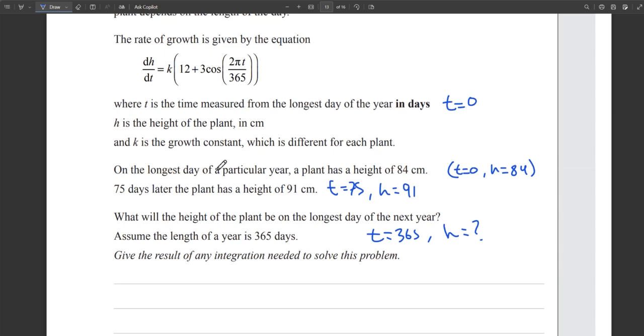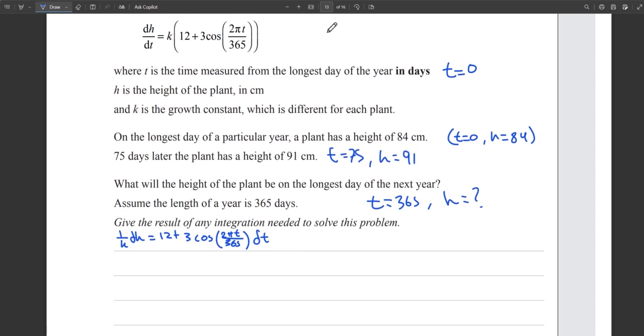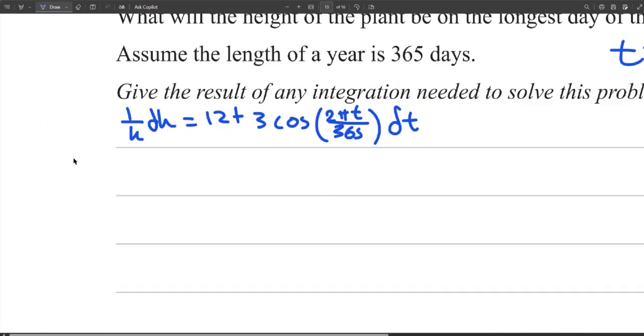If we divide both sides by k, then we'll get 1 on k with respect to height is equal to 12 plus 3 cosine of 2 pi t on 365 dt. Cool. Now let's go ahead and integrate both sides.